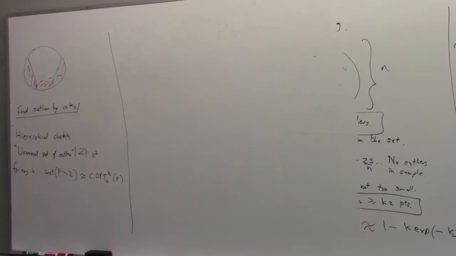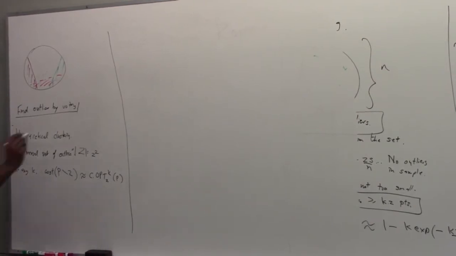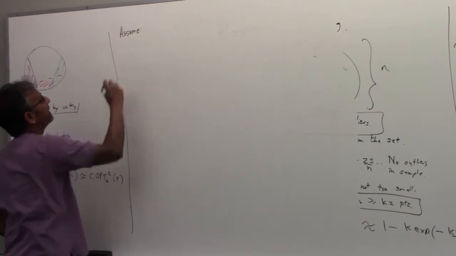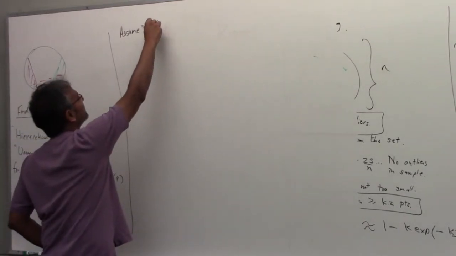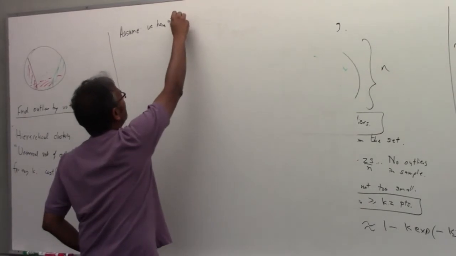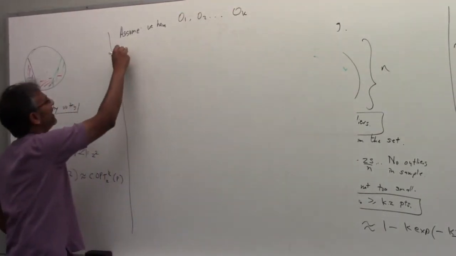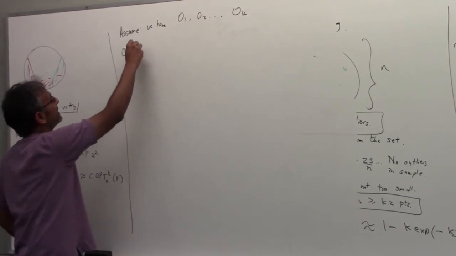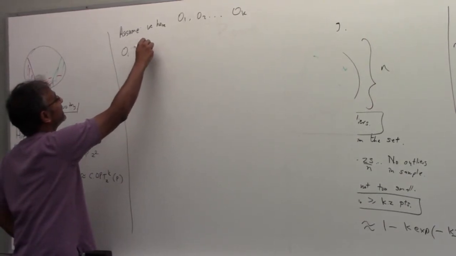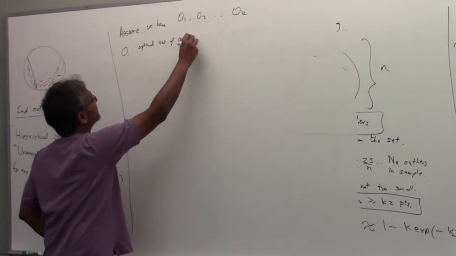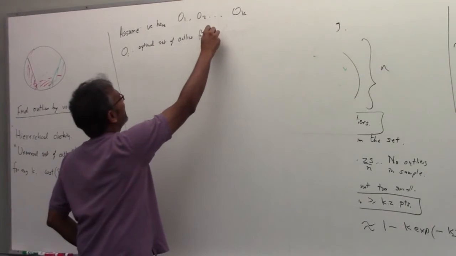So we'll assume for now, and I'll tell you how to remove this assumption, that we have sets O1, O2, up to Ok, where Oi is equal to the optimal set of outliers for i clustering.